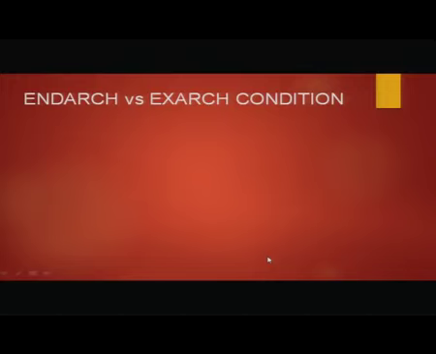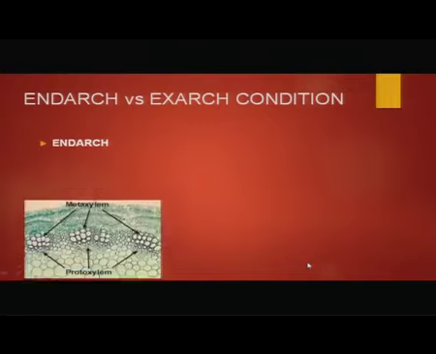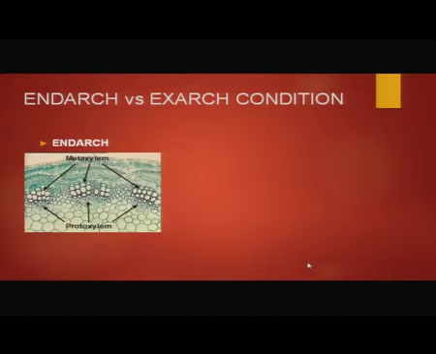Now, talking about the exarch or endarch condition. Have you heard these terms before? Endarch xylem is one where the protoxylem elements are towards the pith. Here in this stem section, you can see that the metaxylem is towards the periphery.